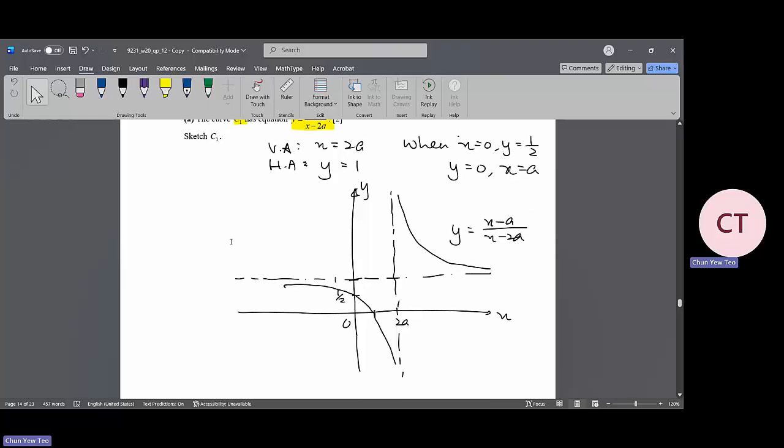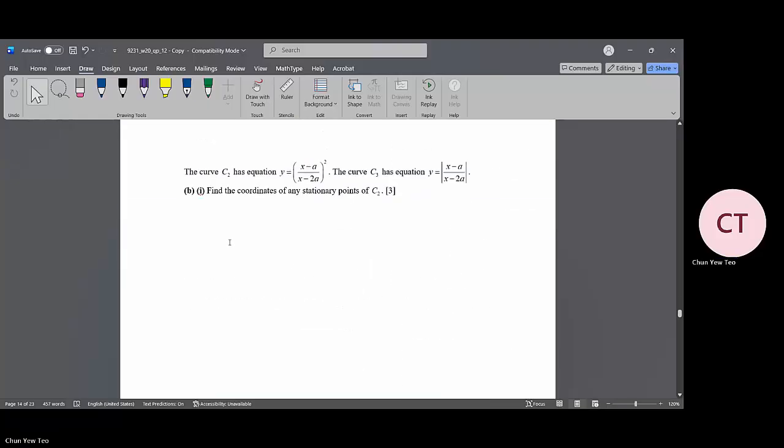Now we move on to 6b, part 1. We have two curves over here: a C2 that looks like this, and a C3 that looks like this. For C2, they want us to find the stationary point. To find the stationary point, we need to do the differentiation, dy/dx.